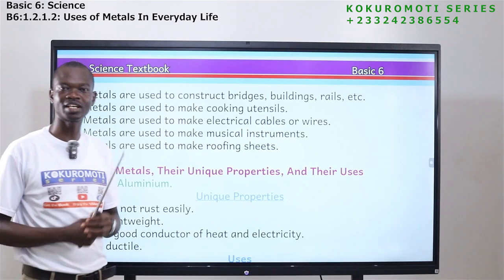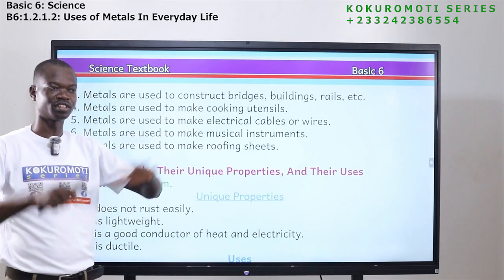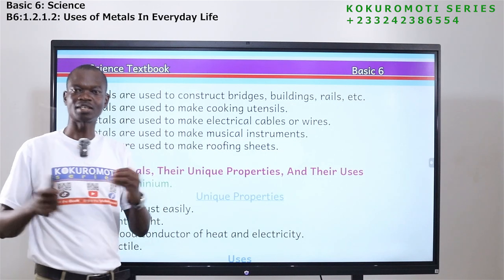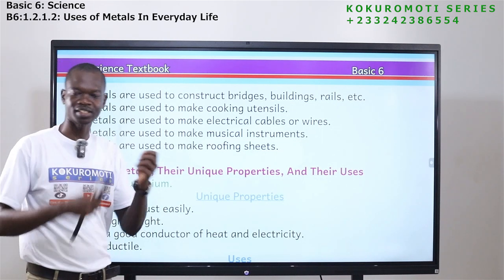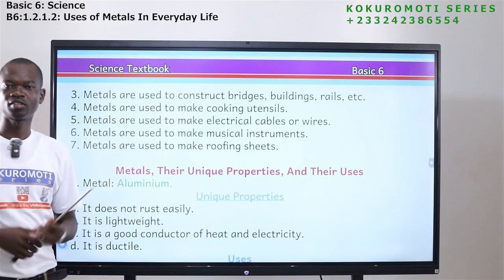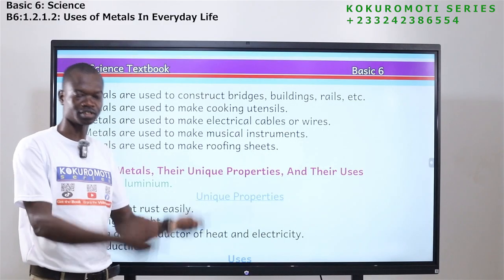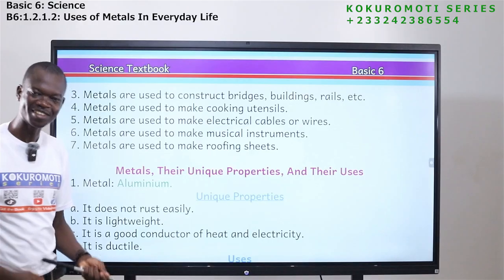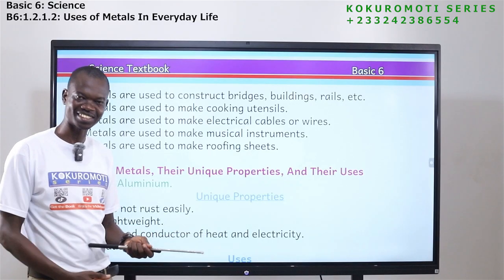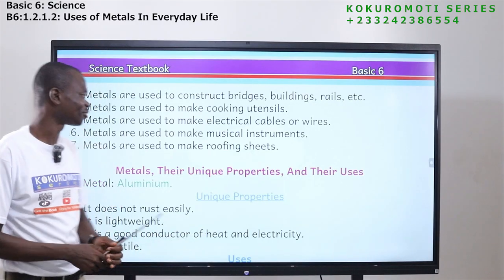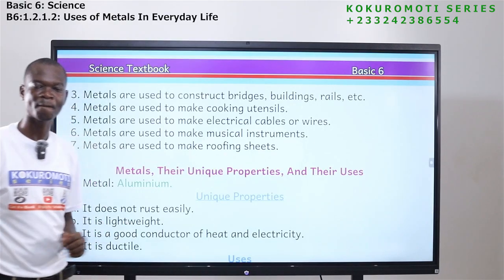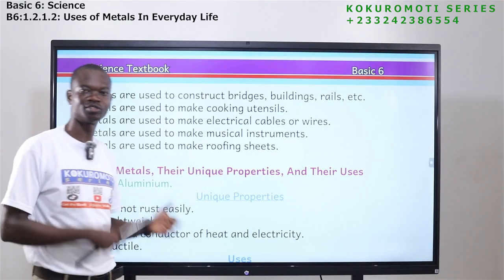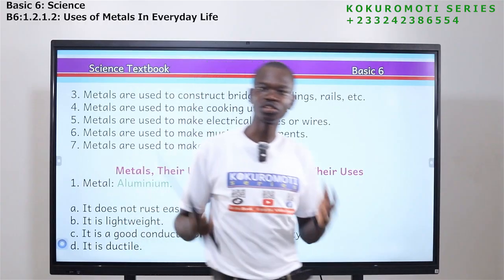So all the musical instruments, the drum, you see, some parts are made of metals. Even the guitar, the strings are made of metals because metals are sonorous, meaning they are able to produce sound. Okay. Number 7, metals are used to make roofing sheets. So we use metals to make roofing sheets. These are some uses of metals.